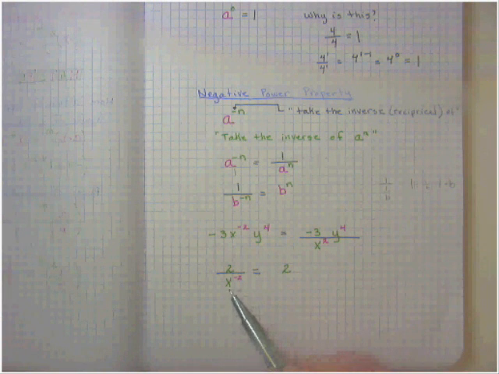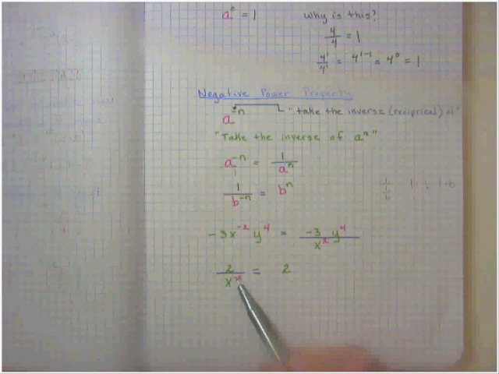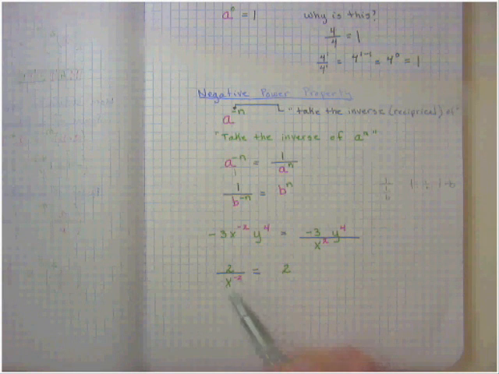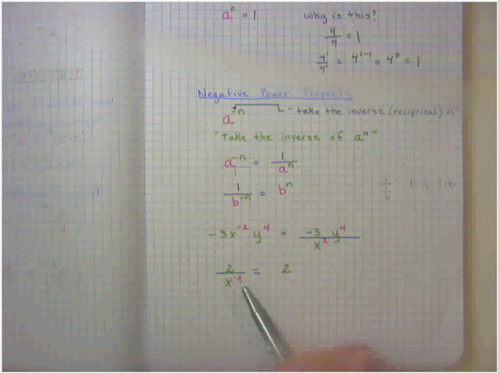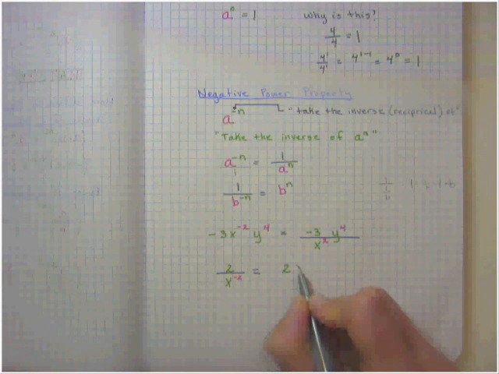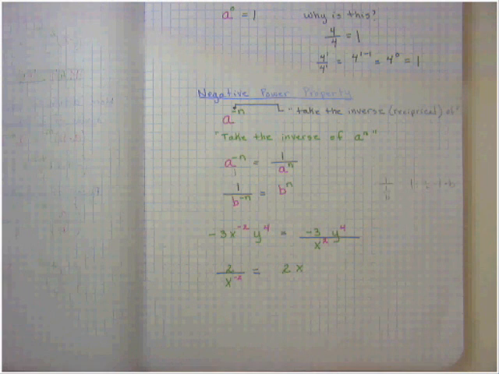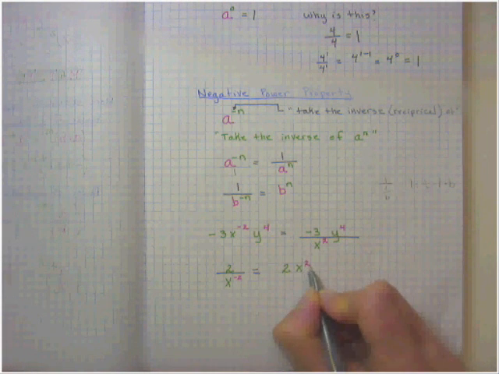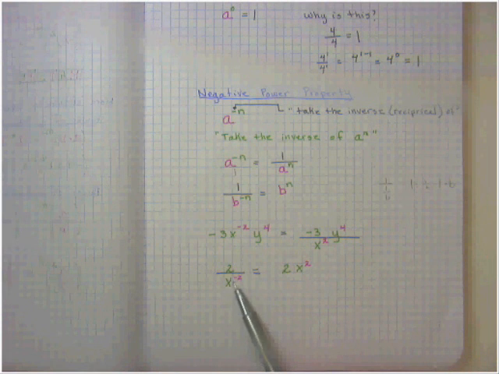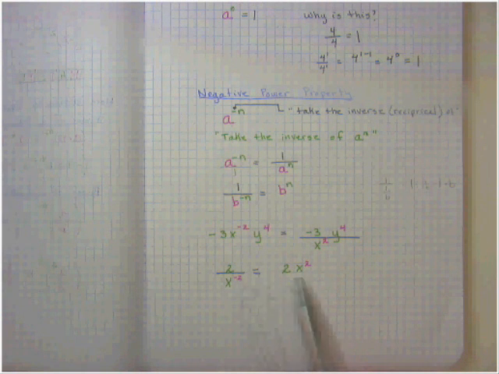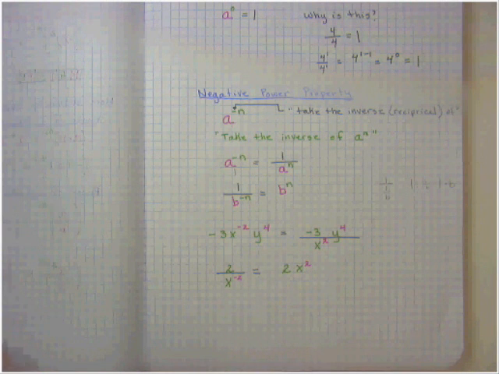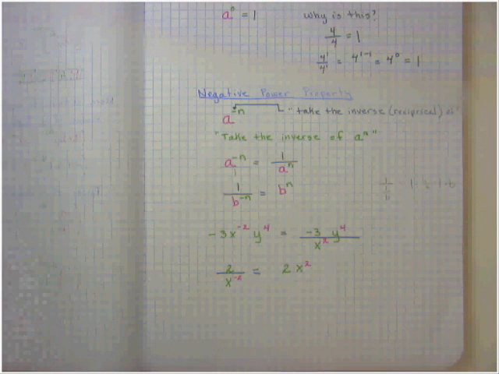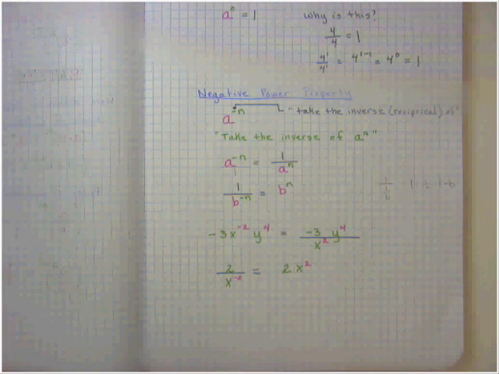Now my x, what's happening to my x? This is saying take the inverse of x squared. Well, the inverse of x squared means I'm going to put that x from the denominator into the numerator. So I simply get x squared in the numerator. Notice the x to the negative 2 crossed the line, so the exponent changed its sign. And that's the negative property. And that's all the properties that you need to know, and you can use them in any sort of combination necessary to solve or simplify.